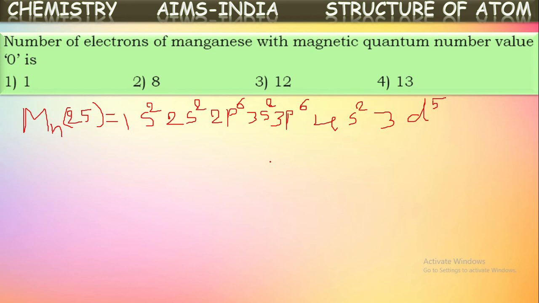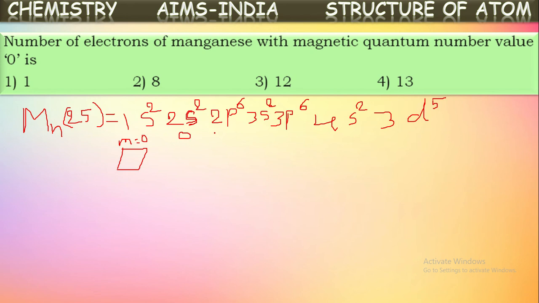Now for the 1s orbital, what will be the m value? Because the l value itself is 0, the m value will be 0. There are 2 electrons in this, and for an s subshell generally the m value will be 0 only, because only one orbital exists in it. So for this also 0.